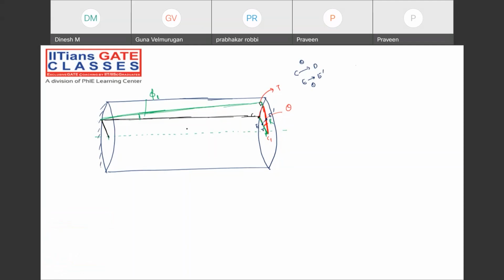Now let me draw the figure which I want to show you. Connecting the dots from the E point to the E dash point, that will be my shear angle on the surface of the shaft, like this.